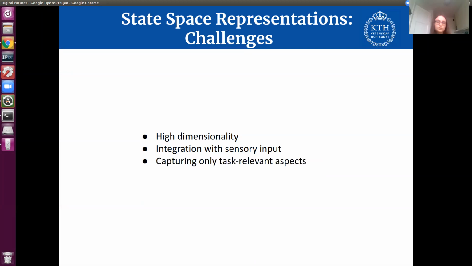And another problem is, when we talk about systems that have really many degrees of freedom, how do we capture those that are really relevant for the task? Maybe we don't need to model every single degree of freedom that the system has, but want to focus instead on what is specifically relevant for the task that we have.